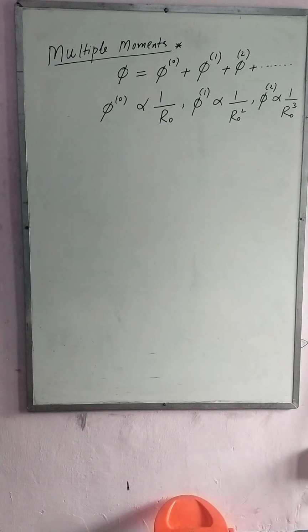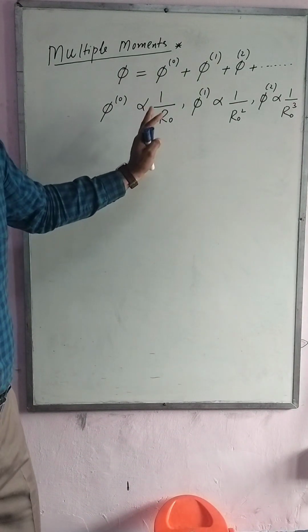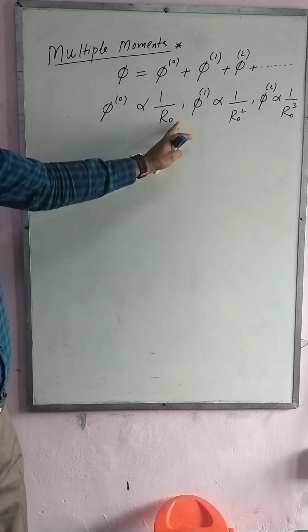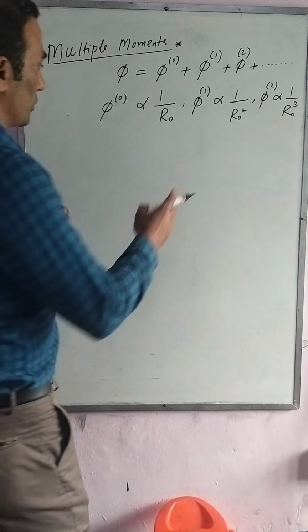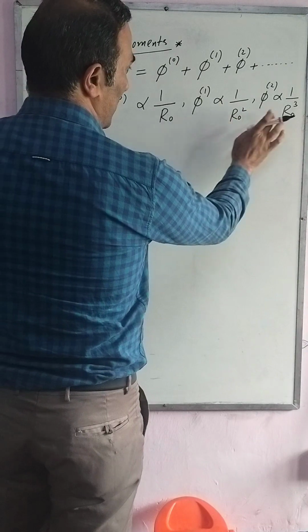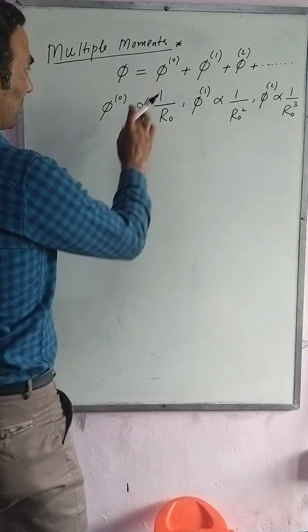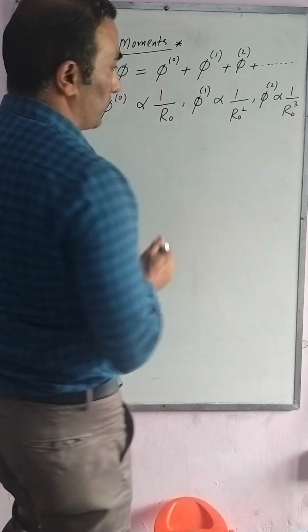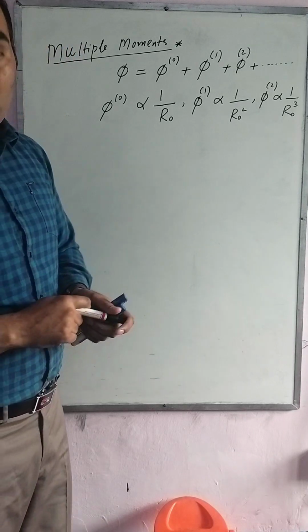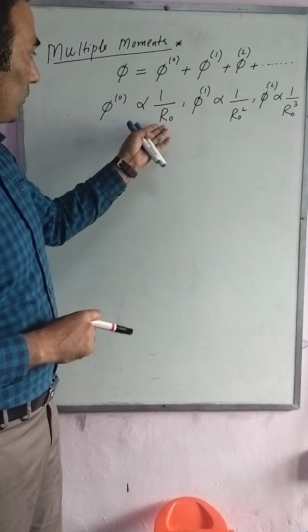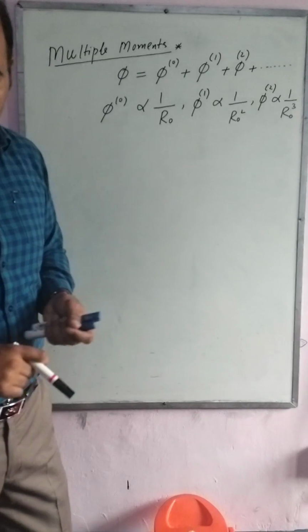So this is the monopole term, this is the dipole term, and this is the quadrupole term, right? You are basically expressing this potential in powers of 1 by r naught, right?